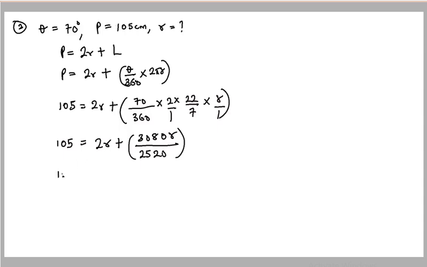So I will have 105 equal to 2r plus. This is why I recommend you buy a Casio calculator, or any scientific calculator you have at all. If you can divide to the lowest term by hand, fine.